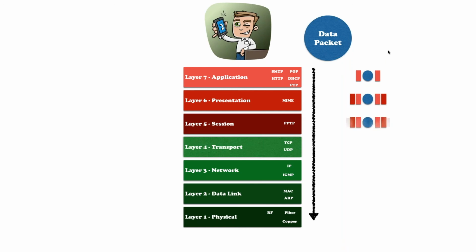And these first 3 layers, layers 7 through 5, these are really the software engineering layers. So the people who write the application will determine which rules this data packet needs to collect at these 3 layers. So now we've got the headers for layers 7, 6, and 5. We're going to keep going down, and the data packet is going to collect another set of rules in another header.